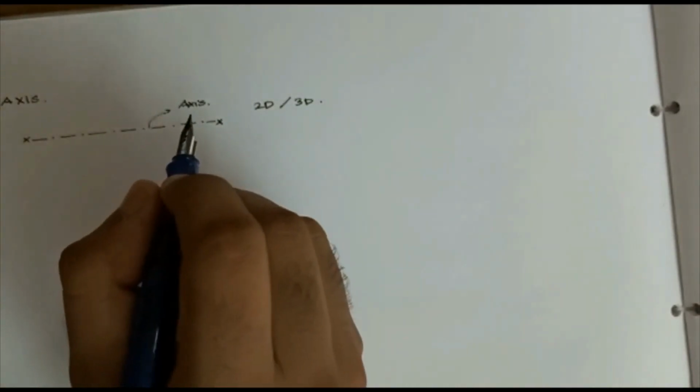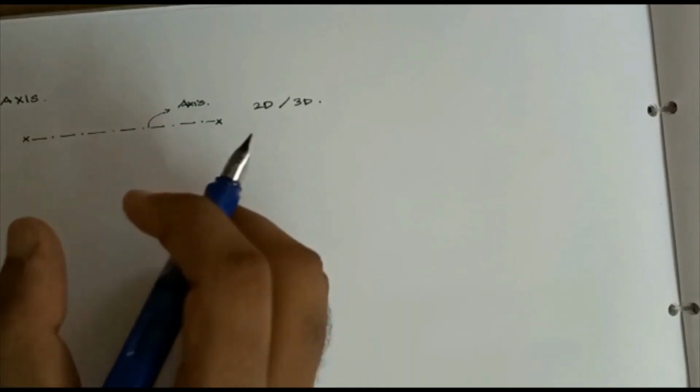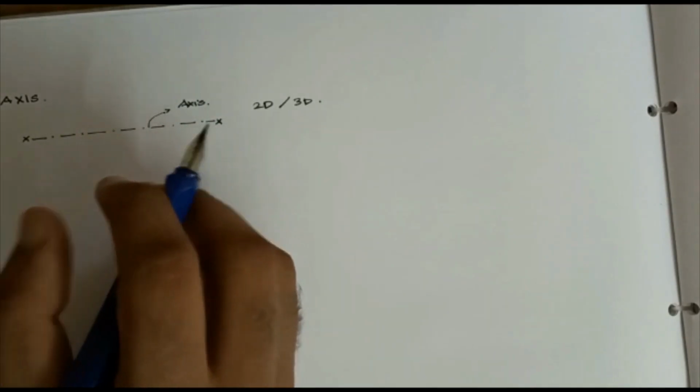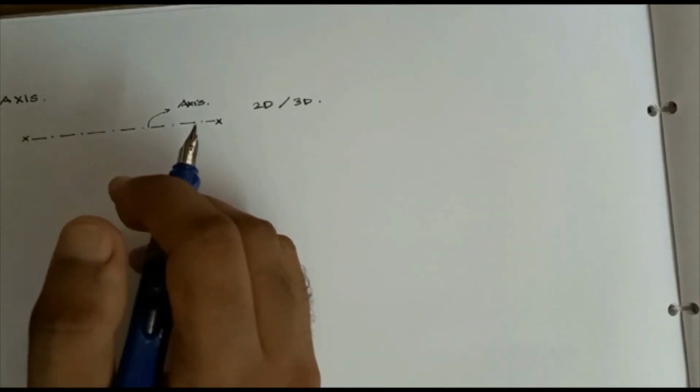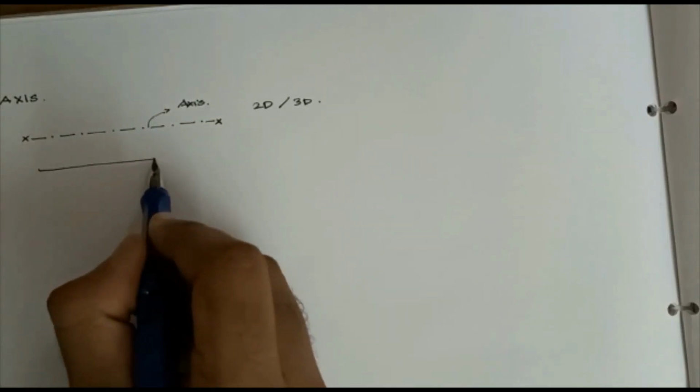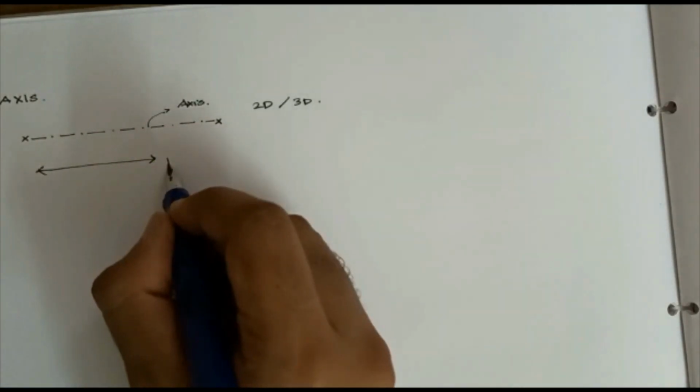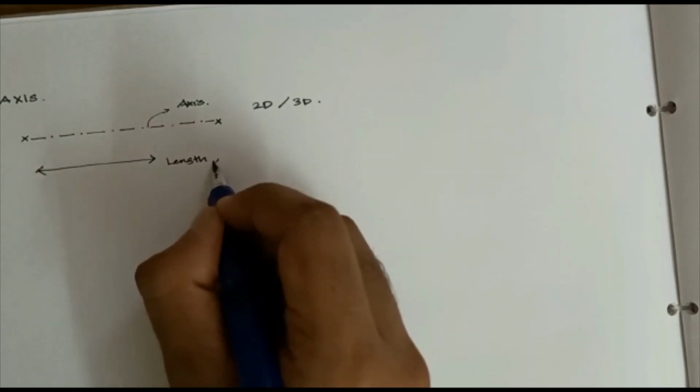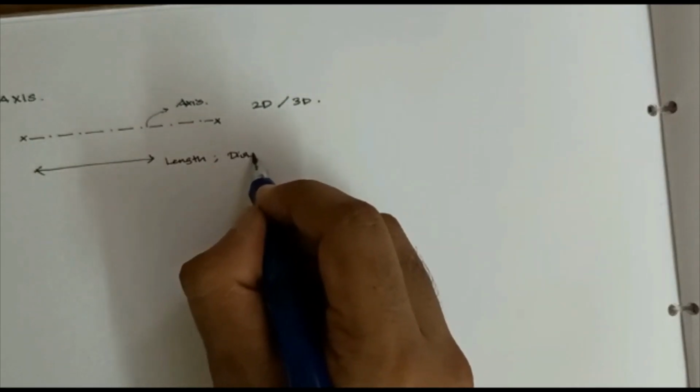So the basic idea is that it is difficult to figure out or see an axis directly. It has to be imaginatively perceived. And since it is a linear condition, it has length. Since it is like a line, it has both length as well as direction.